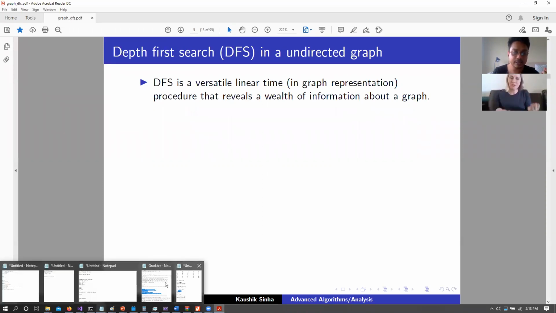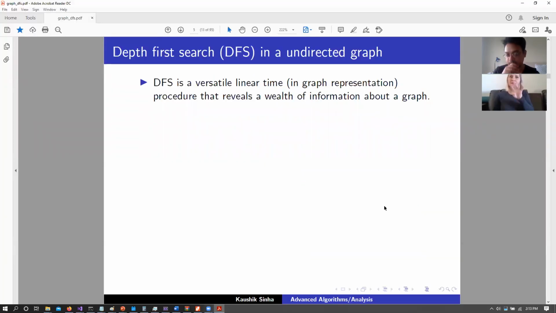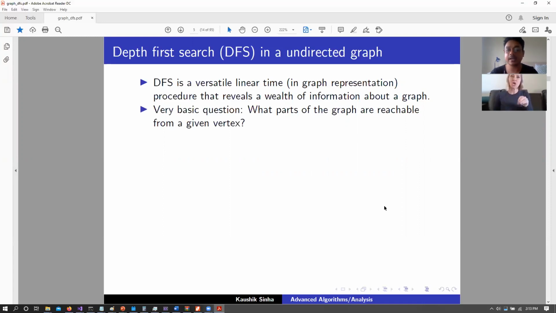Let's say that they can either choose adjacency matrix or an adjacency list representation. Somebody has given you some graph. Now, what you need to do is do some analysis on that particular graph and figure out some components of that graph, right? So DFS is a very nice algorithm that allows you to search through and figure out which parts of that graph are reachable from a given particular vertex.